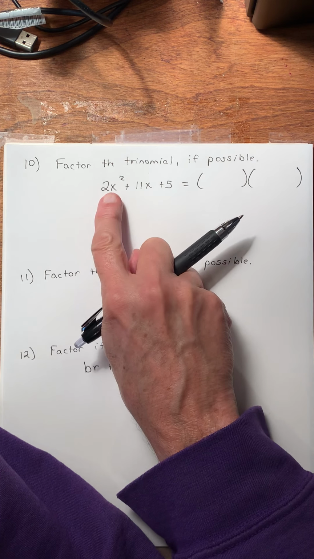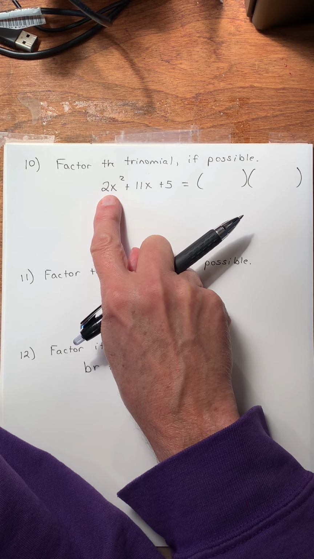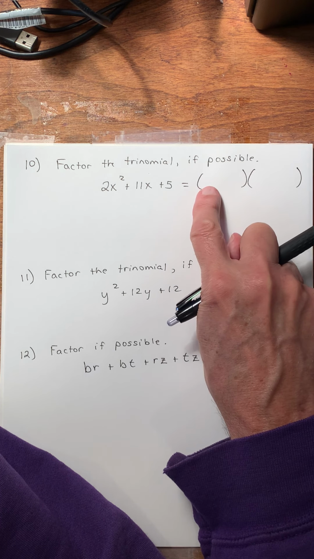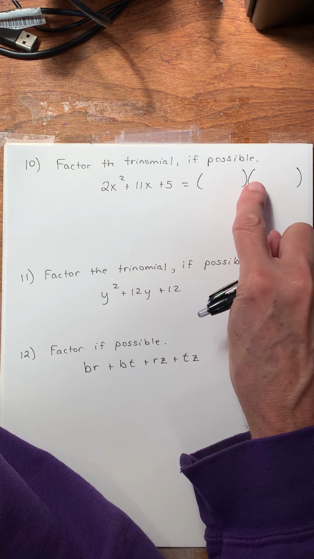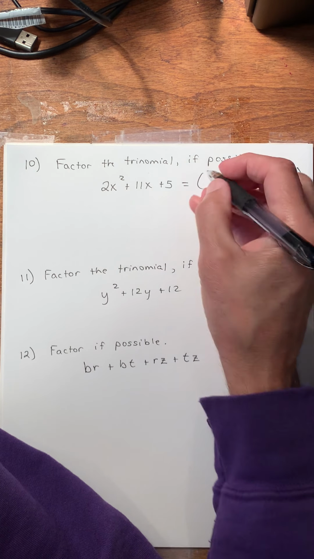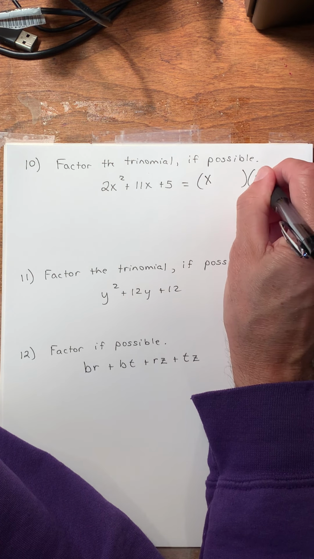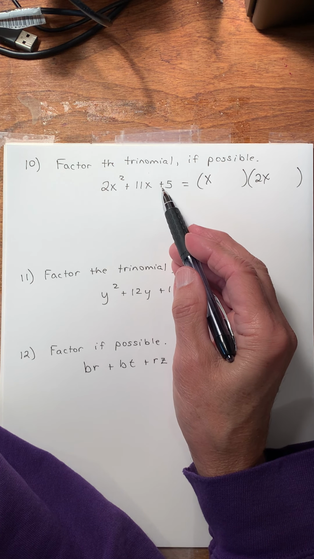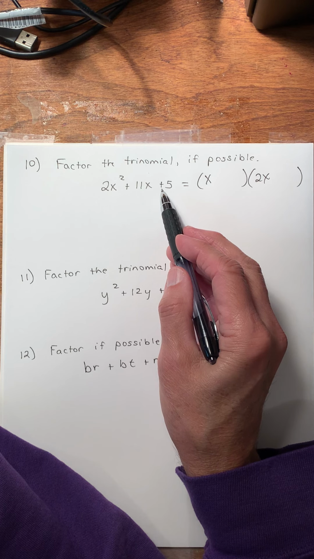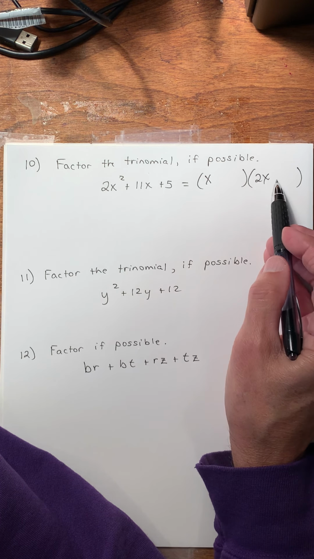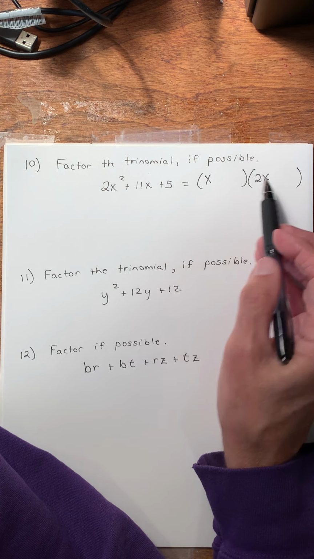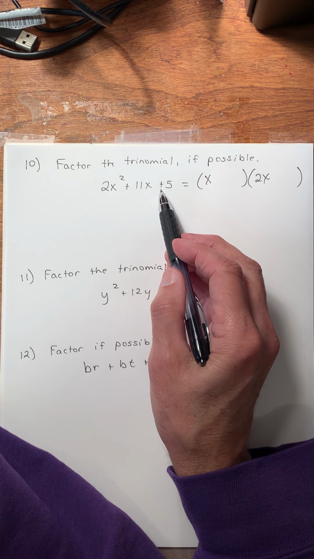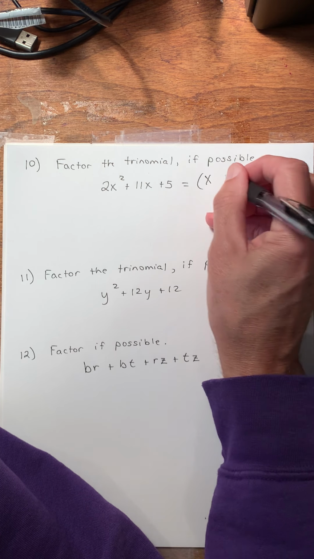This first term comes about as a result of these two terms multiplied. The only things I can multiply to get 2x squared are x and 2x. I mean, that is literally it. One thing you'll also know is this last sign being positive says my two signs are the same, and that sign tells me what they both are. This says my two signs are both positive.